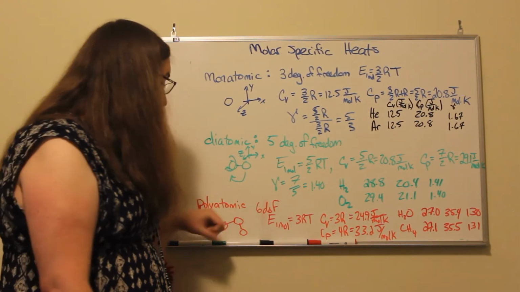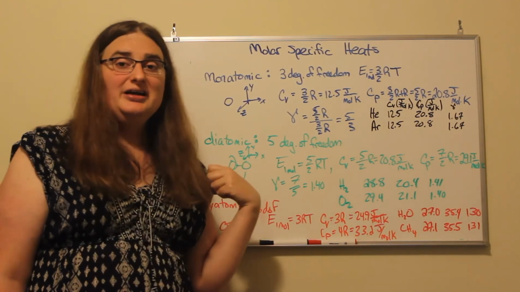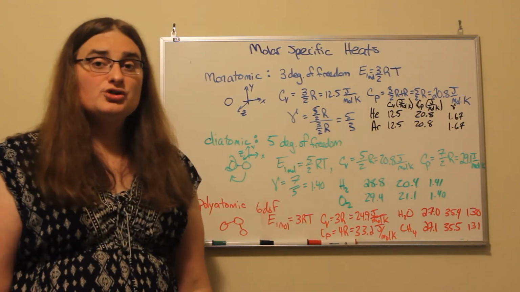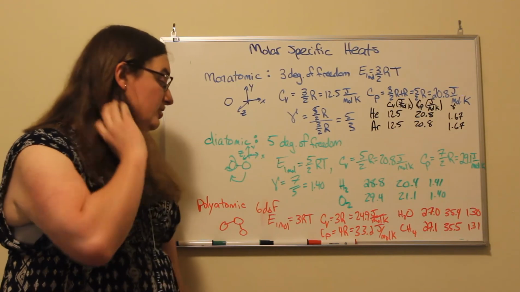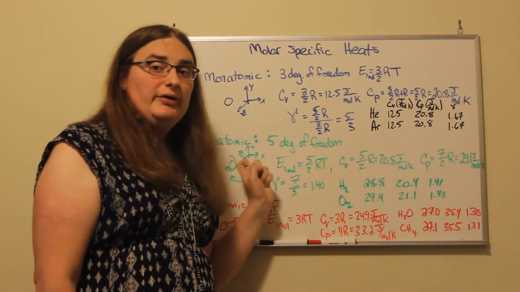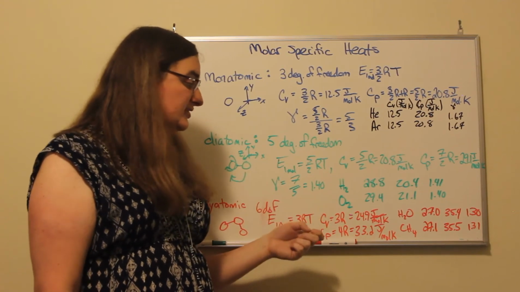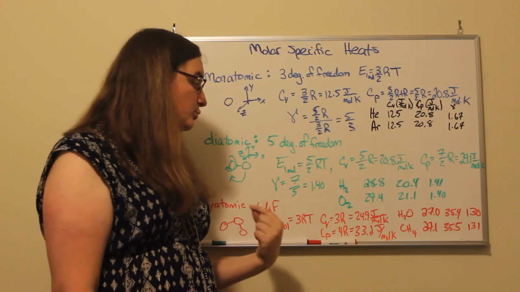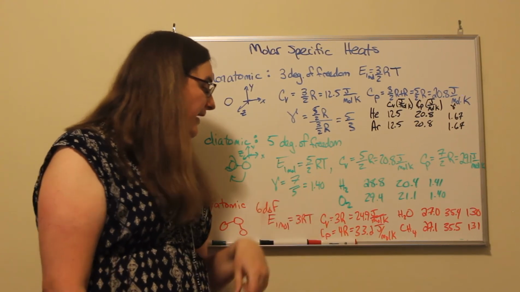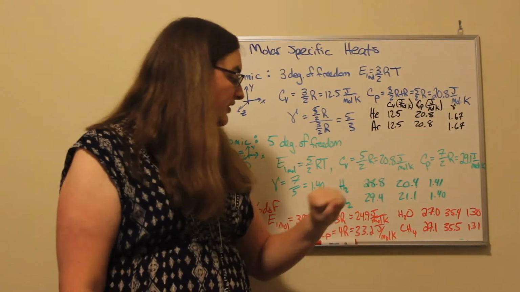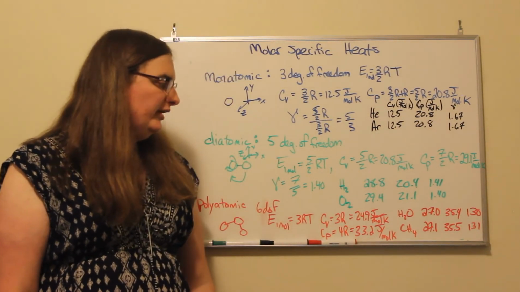We would get different moments of inertia around any axis of rotation that we could choose for those molecules. So that means with 6 degrees of freedom, we would have 3R for our constant volume specific heat, in theory about 24.9 joules per mole Kelvin. We would have 4R for our constant pressure specific heat, 33.2 joules per mole Kelvin.